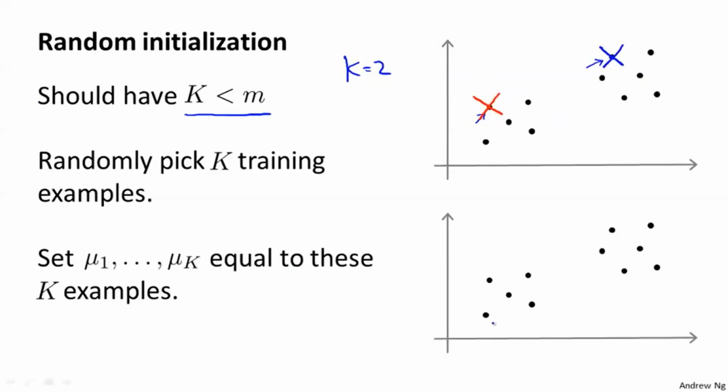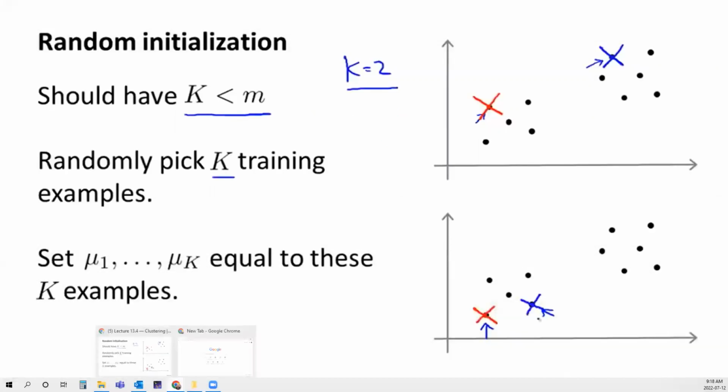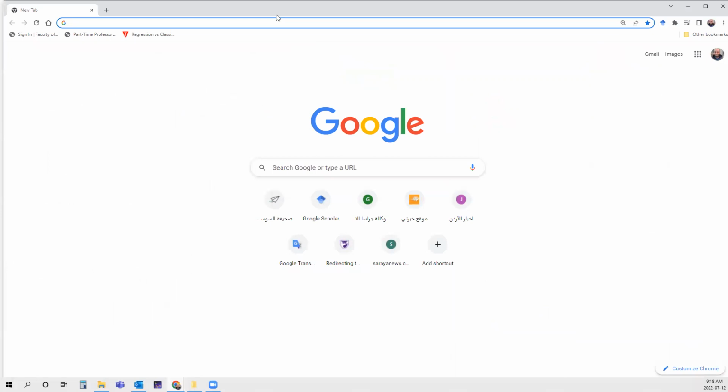Sometimes I might get less lucky, and maybe I'll end up picking that as my first randomly chosen example, and that as my second one. Here I'm picking 2 examples because k equals 2. So I'm going to randomly pick 2 training examples, and if I chose those 2, then I'll end up with maybe this as my first cluster centroid, and that as my second initial location of the cluster centroid.